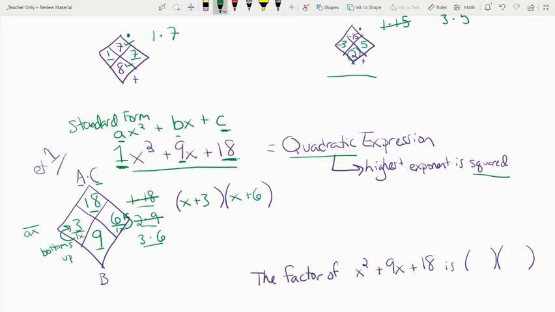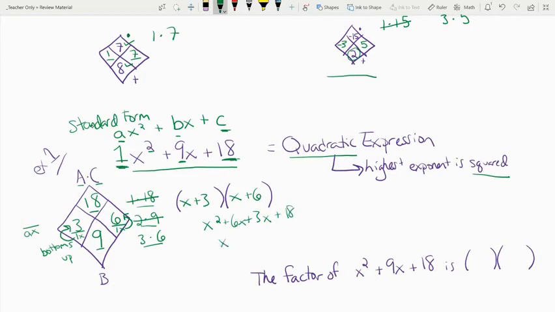Now, to check our work, if I FOIL these, I should get my answer that I started with, my standard form quadratic expression. So let's see. X squared, that's first. Outside, x times 6 gives me plus 6x. Inside is 3x. And last is 18.